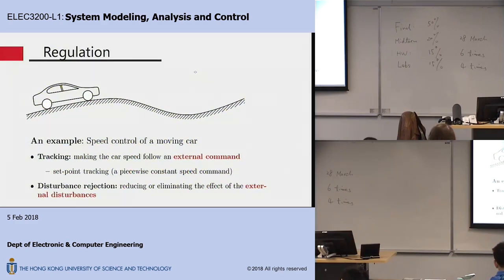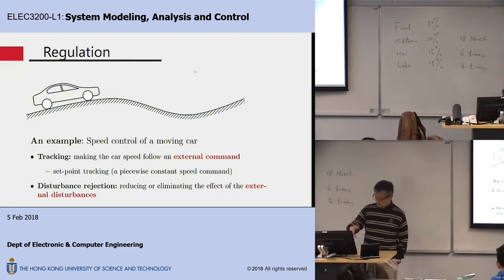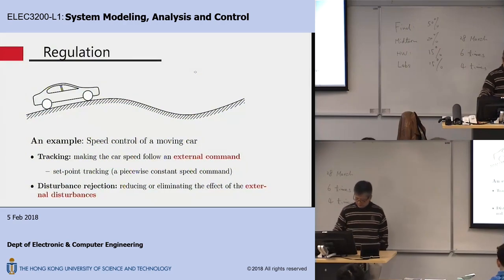Actually, you also need to reject the disturbance. The wind gust is a possible disturbance, and this hilly road is also considered a disturbance. So you want to reduce the effect of this disturbance. You want to keep your speed constant. So how to do it? That's what we worry about in the situation of regulation.